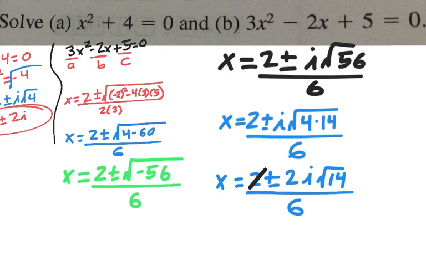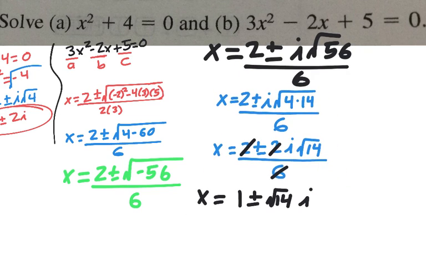And now everything out front here is even, so I need to divide them all by 2. So it's going to give me x equals 1 plus or minus 1 radical 14 i, and this is going to be all over 3.